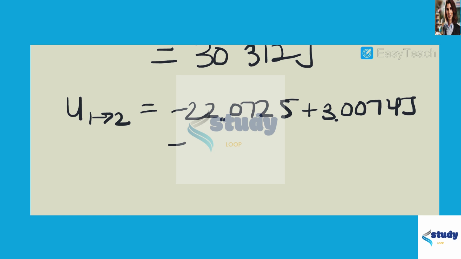That's going to be minus 0.0028125 K2, plus the work done by the cable, so plus 30.312 joules.